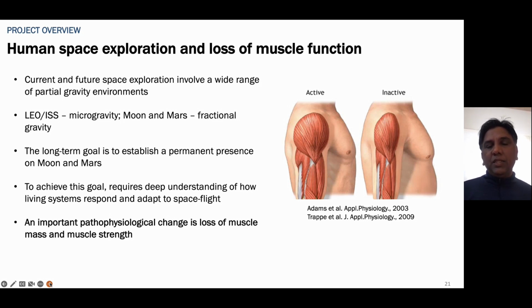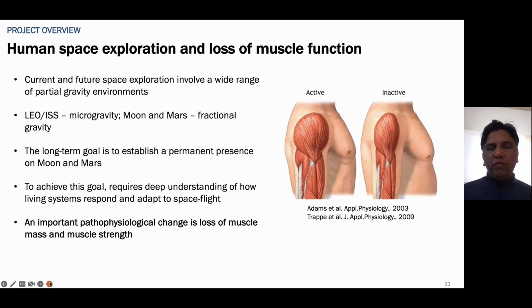And C. elegans is a low cost experimental animal model which allows you to look at these things. However, the challenge was that even though previous studies have shown that the genes which are present in the muscle are differentially expressed on Earth compared to space flight, the hypothesis of whether there's actually a decline in the strength was not known.